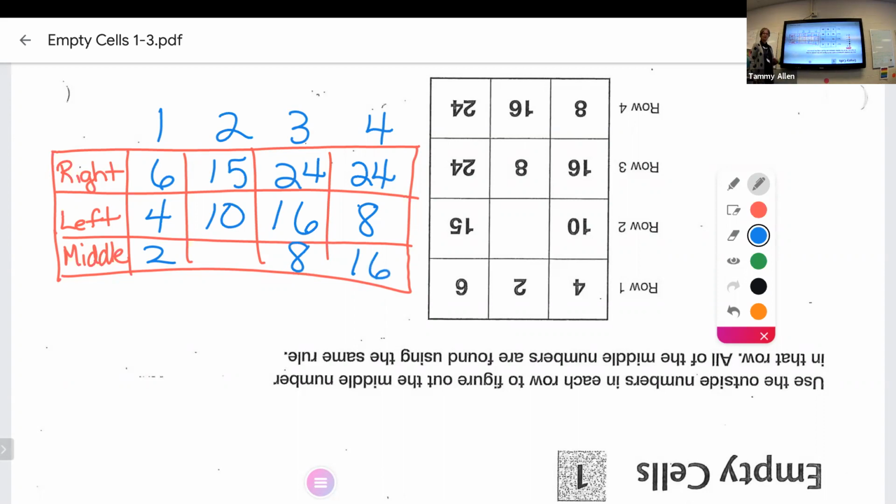All right, so if we look from row 1, right, left, middle, row 3, right, left, middle, row 4, right, left, middle. We're looking for a rule that would work for all 3 of those that would help us determine what that would be. Maya.